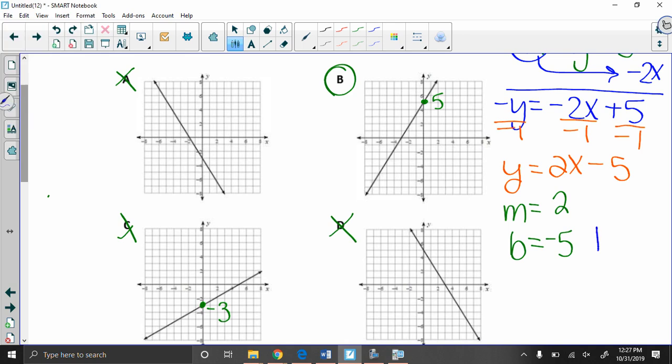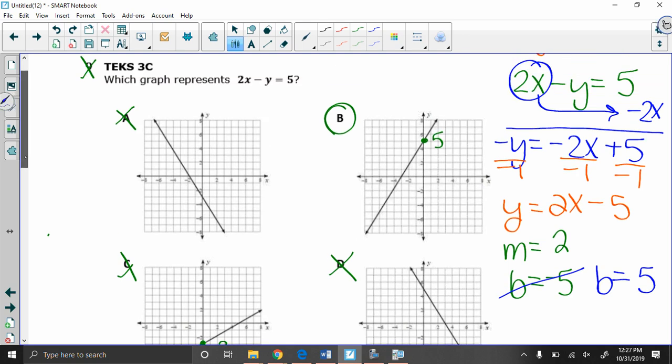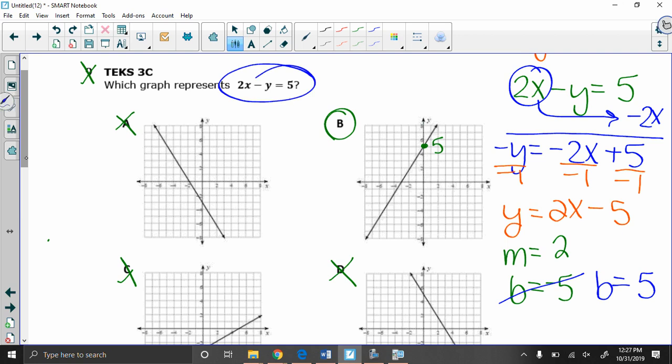So B should be positive 5, not negative, which means in the original equation, right here, we have to flip the sign. So to get the correct answer, our equation should have been written as 2x minus y equals -5 in order for B to be the correct answer.